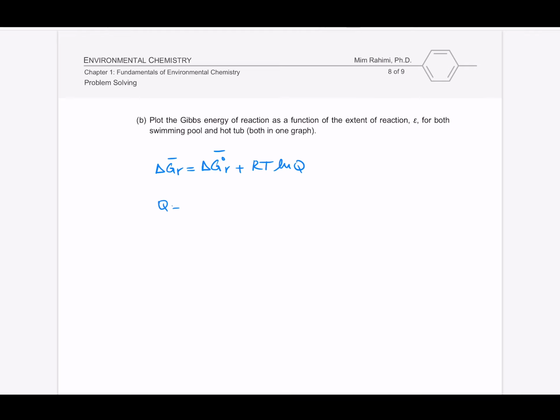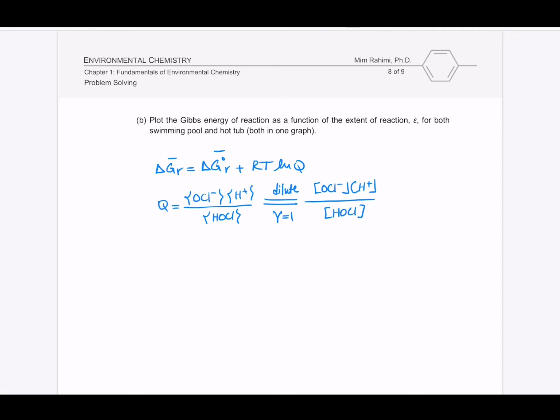Then we can expand Q, which would be OCl minus, H plus, over HOCl. Because overall this is 2 times 10 to the minus 4, it's pretty dilute. So we can say because it's dilute, the activity coefficient is 1, so activity is equal to the concentration: OCl minus, H plus, and then HOCl.